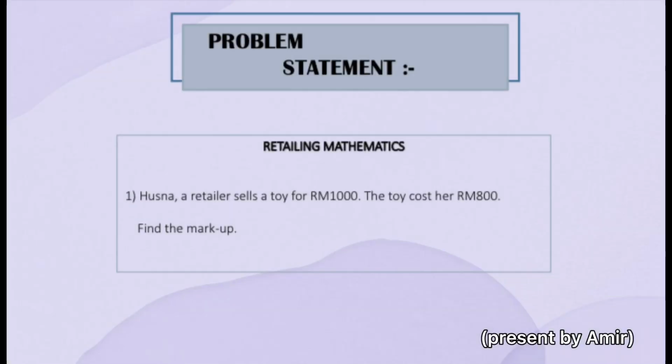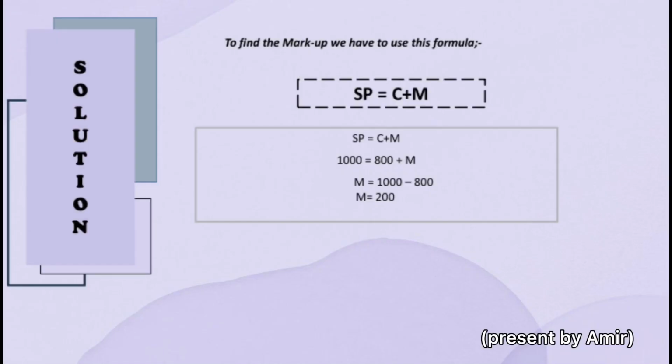The problem statement of arithmetic is: Husna retail sells a toy for RM1000 and the toy cost her RM800. Find the markup. To find the markup, you must use this formula: SP equals C plus M. So, the SP is 1000 and the C is 800.